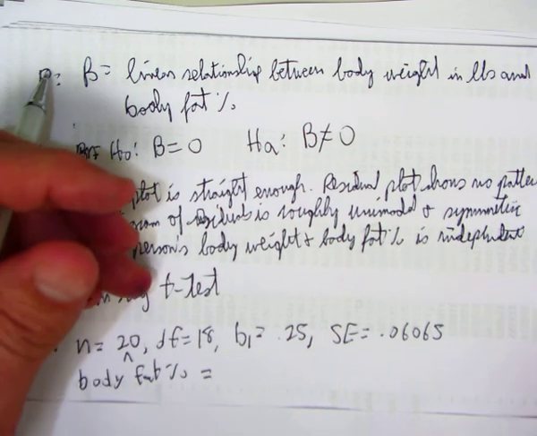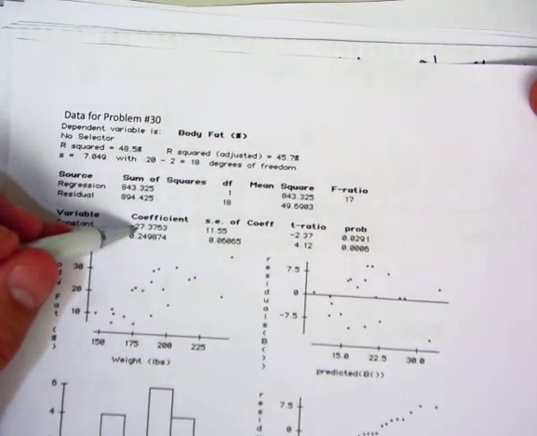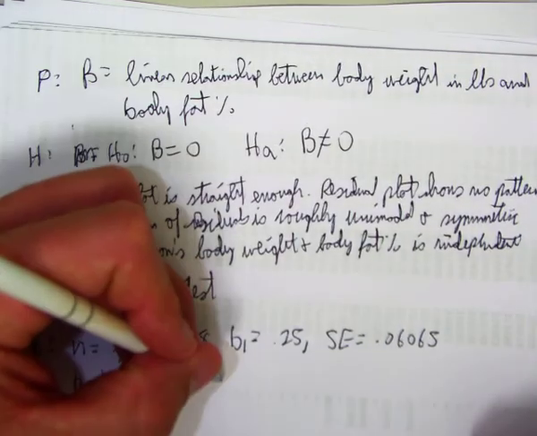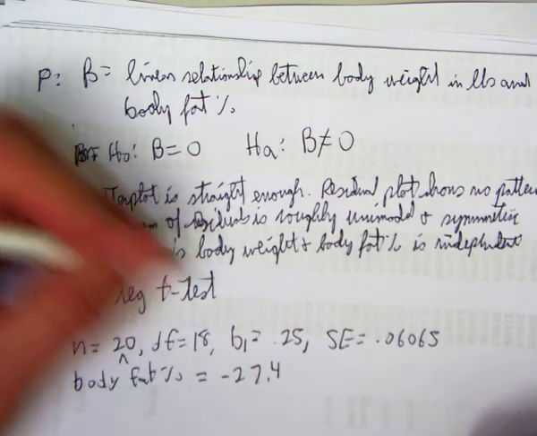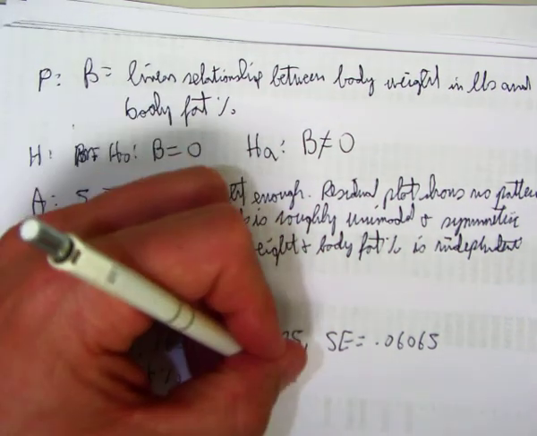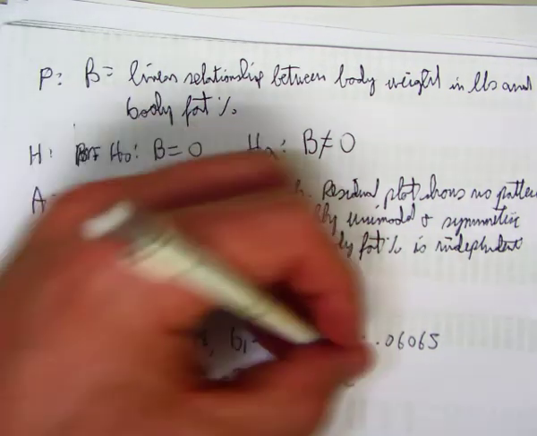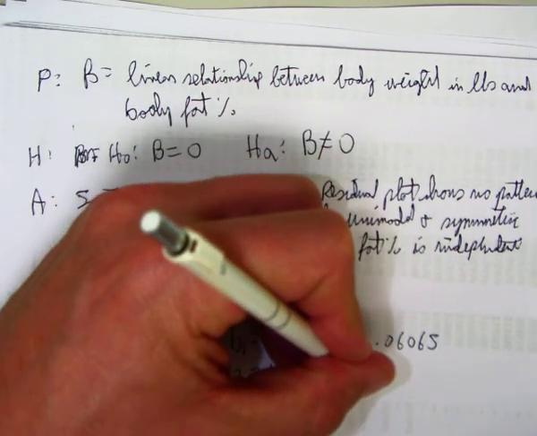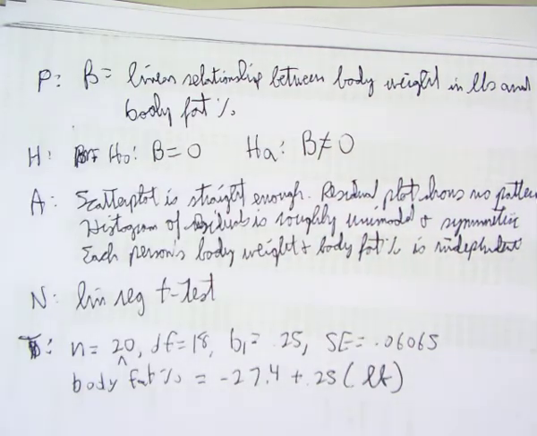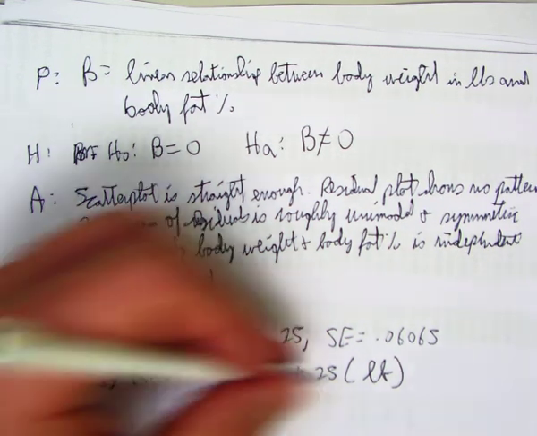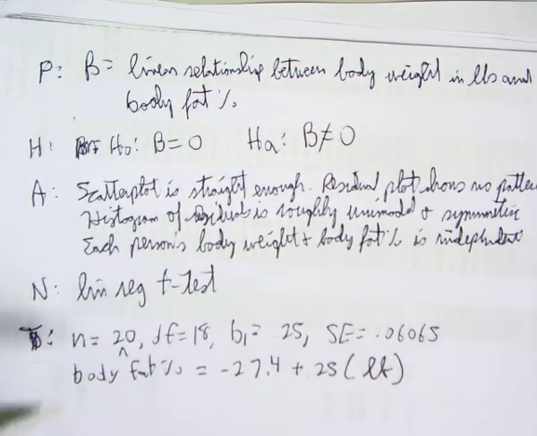Our y-intercept is negative 27.4, and it's going to go up by 0.25 per pound. So that's basically the explanatory variable and the response variable.